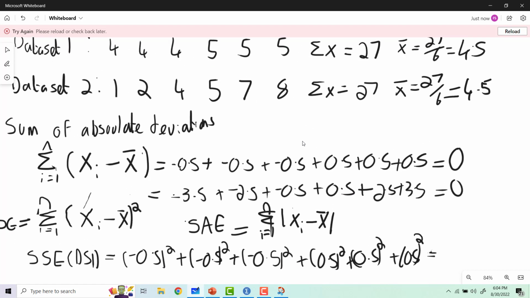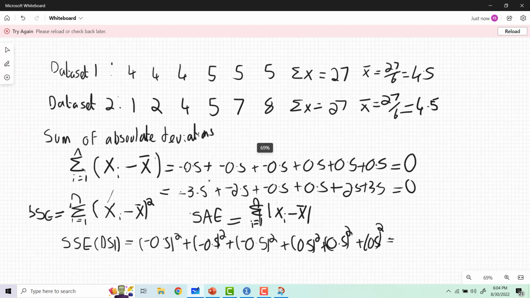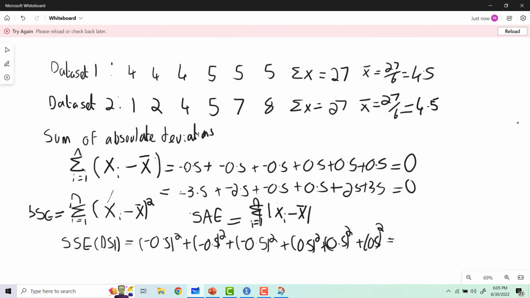I still kind of want data set 1 up. Actually, I'll just make my writing a little bit smaller. That's better. So we're going to get 6 times 0.25 is 1.5.